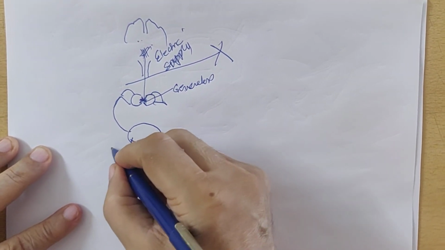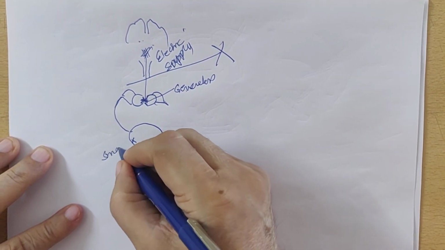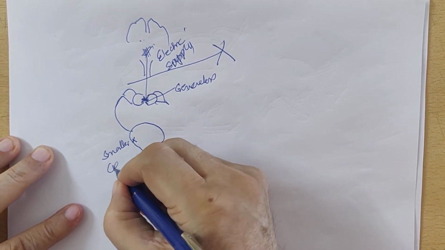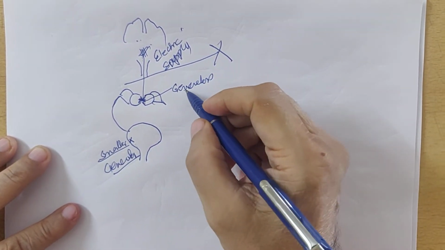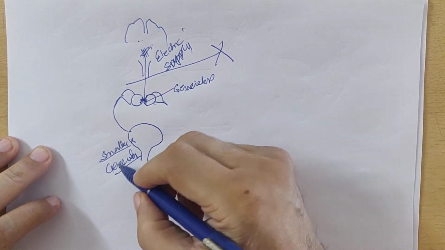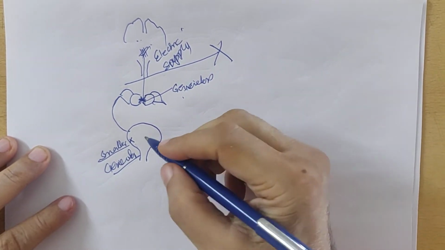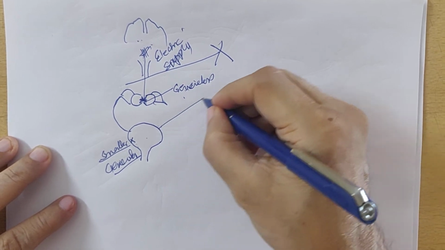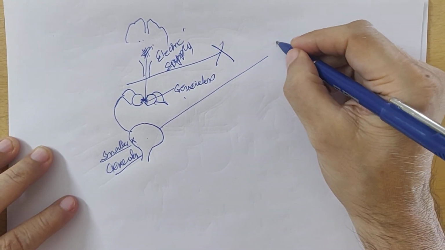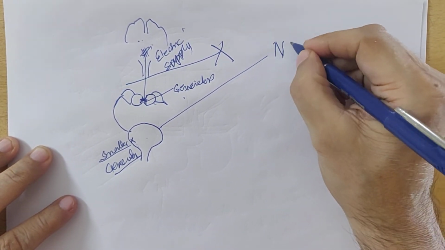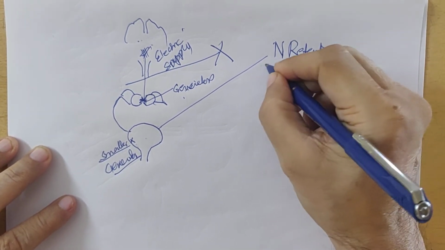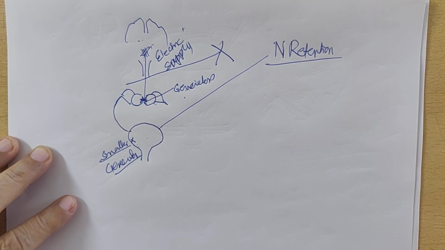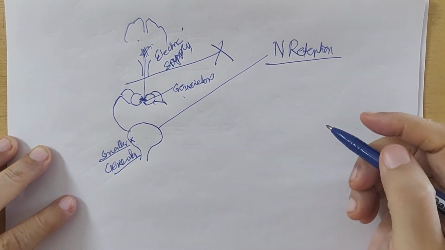So this is the smaller generator. As soon as the electric supply shuts off, these generators will take time to come on, and therefore the bladder would initially go into neurogenic retention. That means no matter how much the bladder expands, it will not contract.